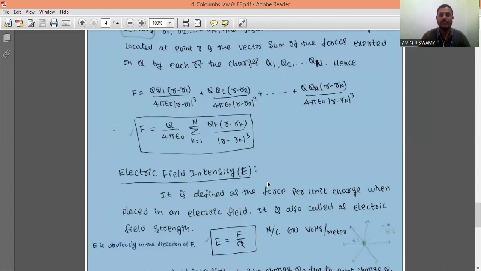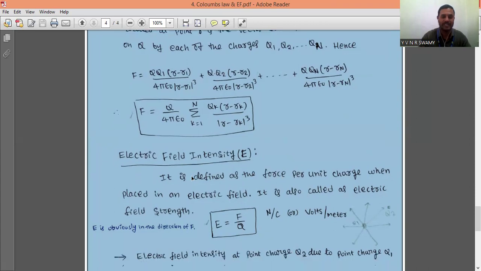So now we will see the electric field intensity from the force. We know that force is defined as the product of electric field intensity and charge. So from that formula, we will define the electric field intensity: electric field intensity equals force per unit charge.